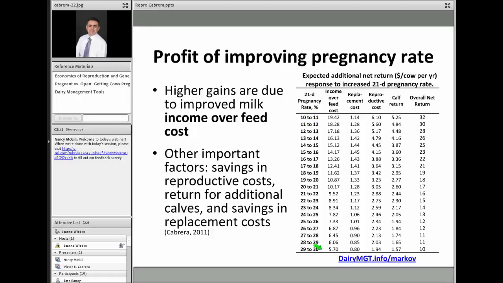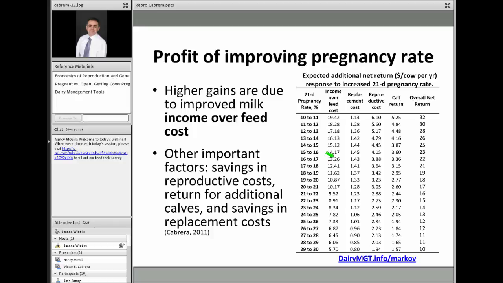If we improve between 29 and 30%, our gain would not be as high as $32, but $10, still a substantial improvement. The important thing in this slide is that most of these gains will come, as we would expect, from the income over feed cost.